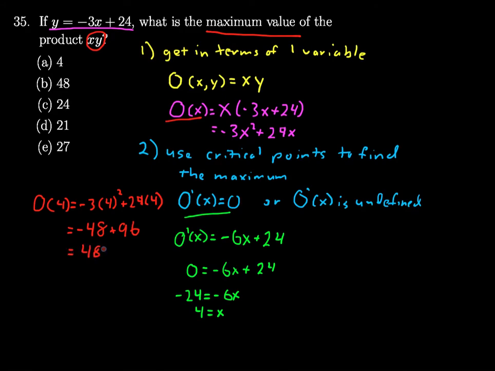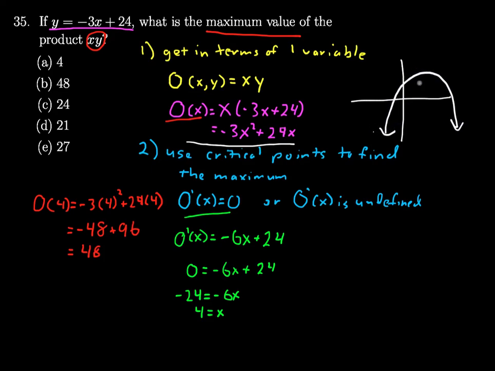Before I circle it, it's worth noting, how did I know I had a maximum, and not a minimum or just a local maximum? Here's how I knew. I knew that my objective function was a parabola, an opening downward parabola. I knew that it took on this shape.